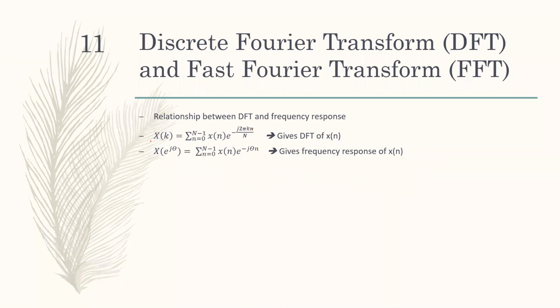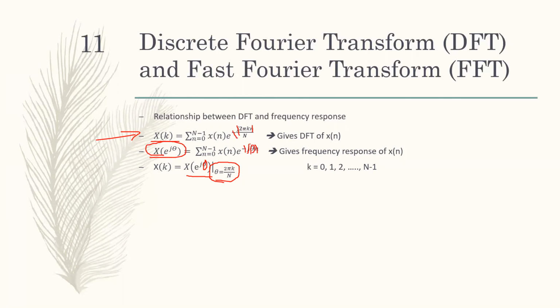So if I want to get the frequency response from this, I have to make a substitution in this equation to get the overall frequency response. So x of k will be equivalent to x of e raised to j theta when theta is equal to 2 pi k by capital N. That is what remains when I compare.